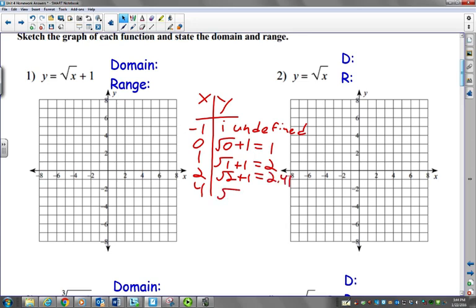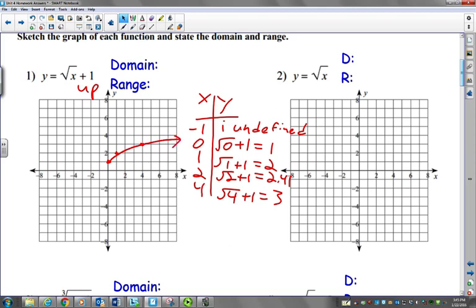Put in a 4 for x, and we get the square root of 4 plus 1, which is 2 plus 1 is 3. Oh, and it's just a shift upwards, isn't it? Just a shift upwards 1 from the parent function. So right here, and then over 1 up 2, over 4 up 3 is the correct graph there.